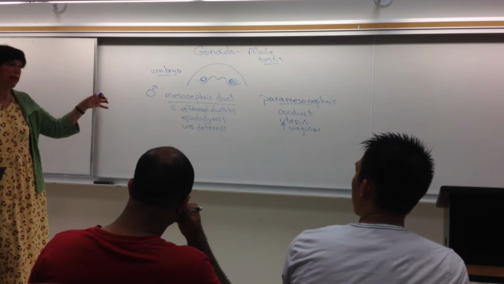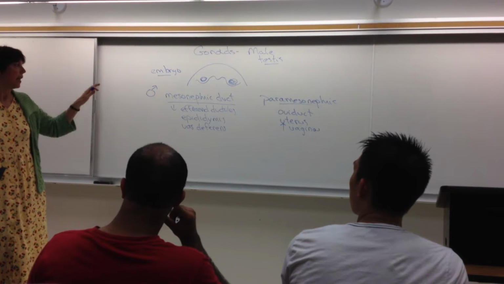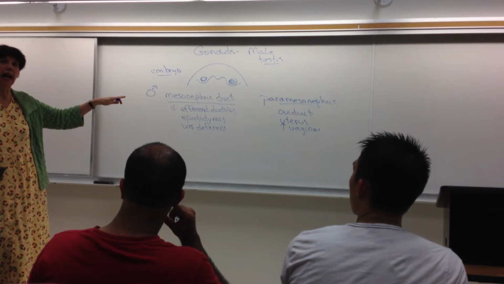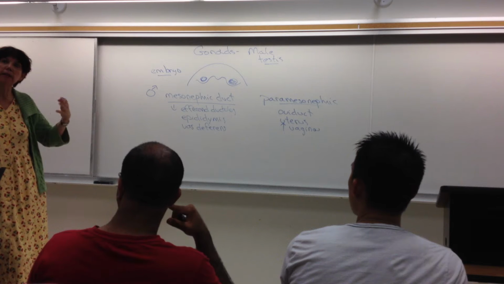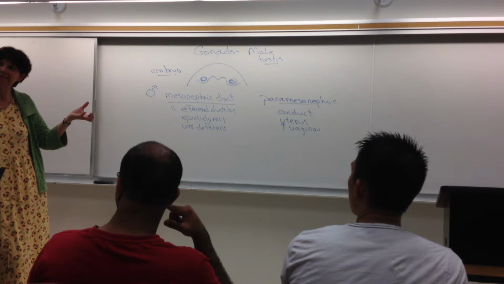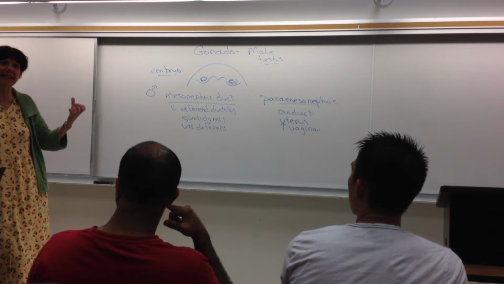And without sufficient enzyme to convert to that hormone, the mesonephric duct does not develop completely, and the paramesonephric duct remains. So these children are born with vaginas, but they don't have gonads. They have testes, but the testes are undescended.